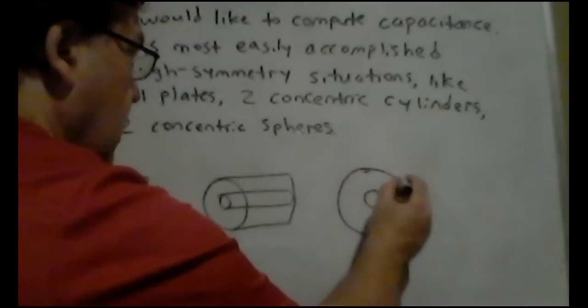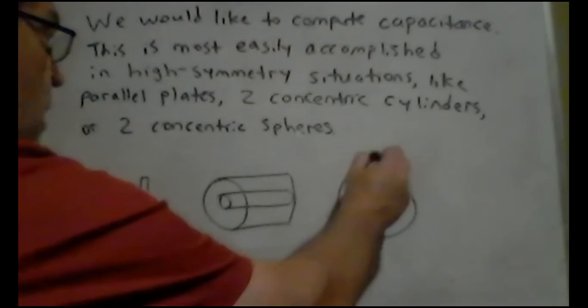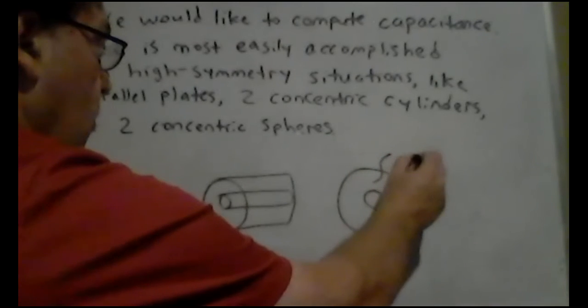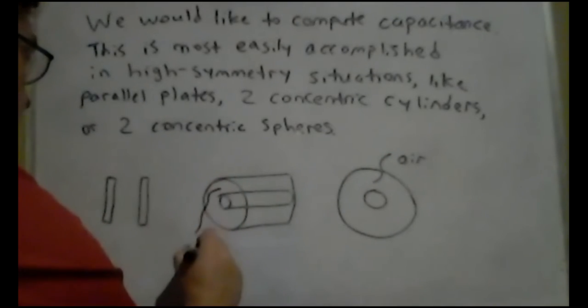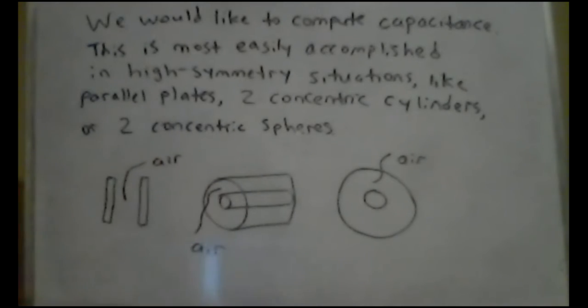So again, two concentric conductors, with air in between. Two conductors in close contact, and we have the ability to do the calculation because of high symmetry, and my pictures are not very good.